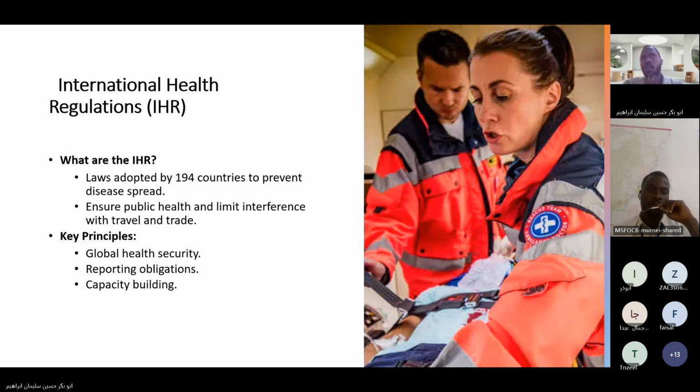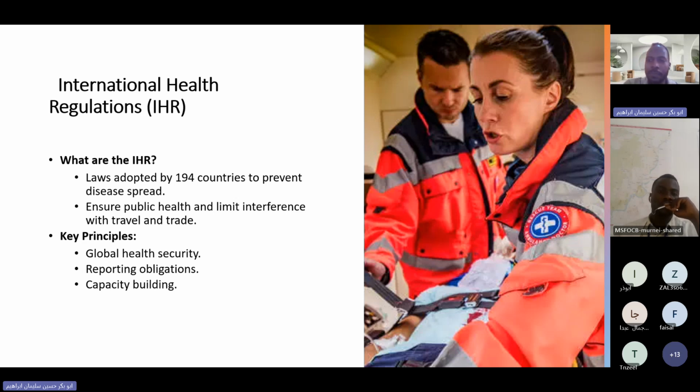Okay. Concerning the International Health Regulation, this is for the whole world. Each country applies this or makes another law. Like in Sudan, we have a law called the quarantine law. The quarantine law organizes the movement of passengers, goods, and suspected people.